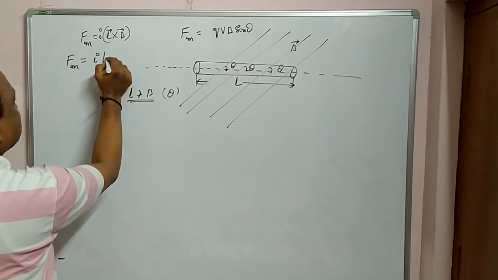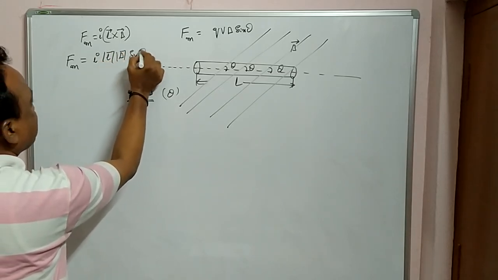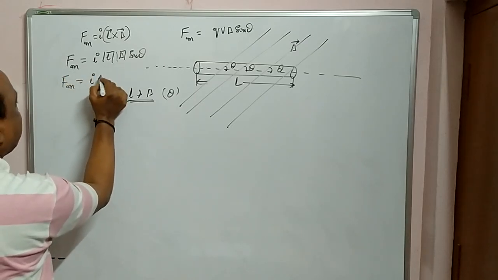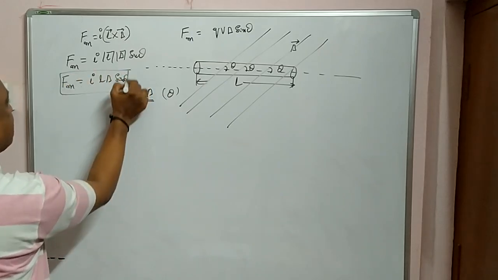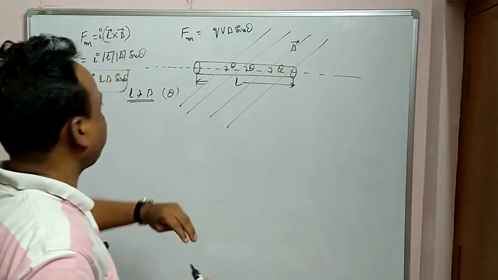Cross product means modulus of L, modulus of B into sin theta, or magnetic force is equal to I L B sin theta.